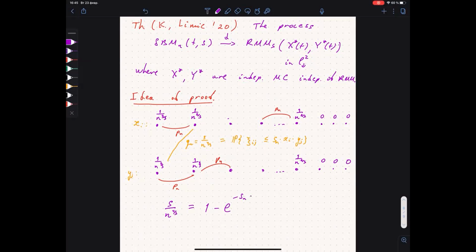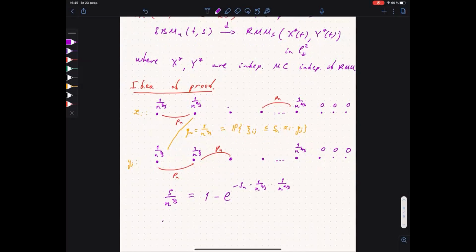We consider only the cases x and y which are non-zero, so they are n^(-2/3) multiplied by n^(-2/3). Then sn is equal to -n^(4/3) ln(1 - s/n^(4/3)), and you see that when n goes to infinity, it goes to s. Okay, so we choose that sn.